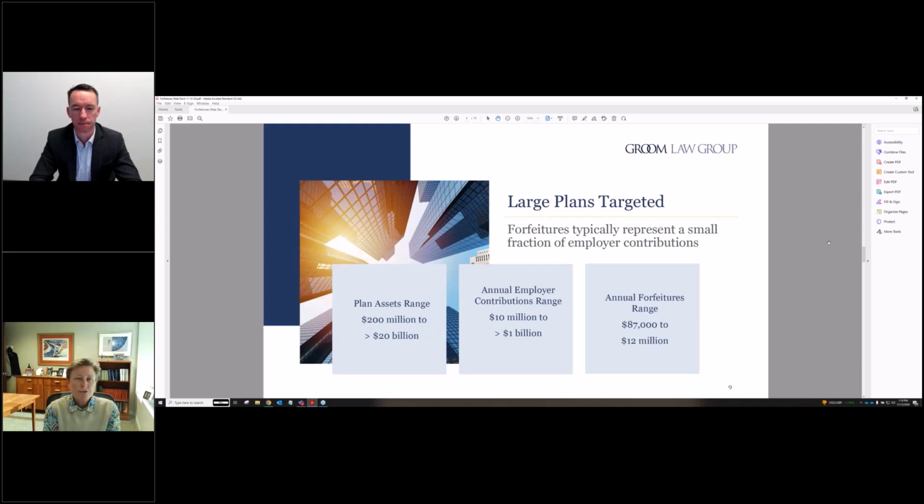And the annual forfeitures that were used to offset, at least allegedly, contributions were on the low end $87,000 and the high end $12 million. So if my annual contributions are over $1 billion and I happen to have $10 million in forfeitures, that's still a really small fraction. It's a drop in the bucket of the overall employer contributions.